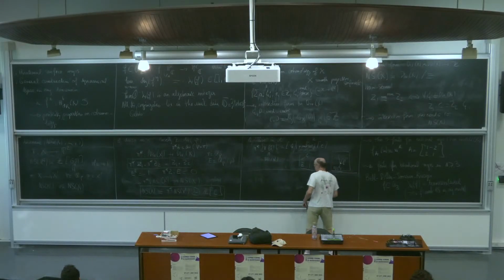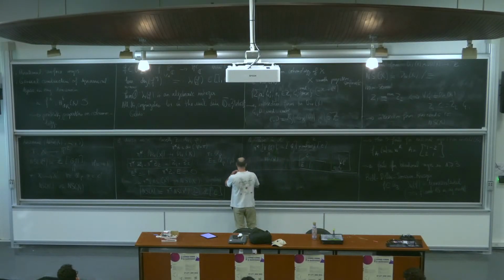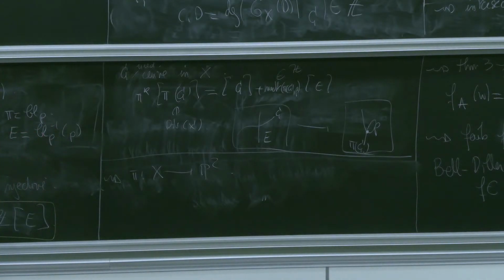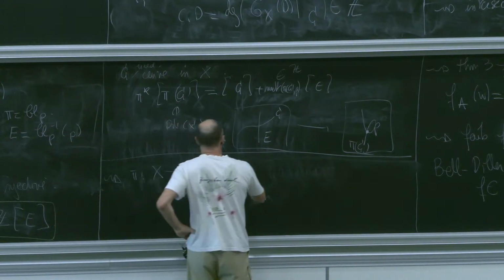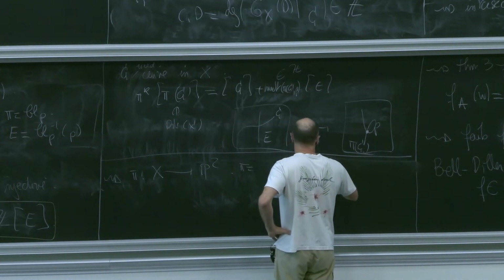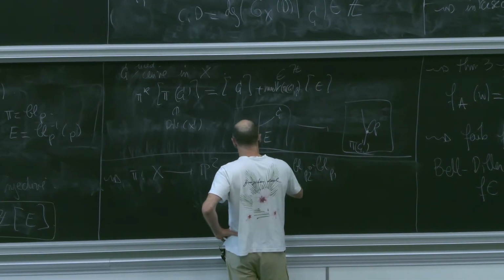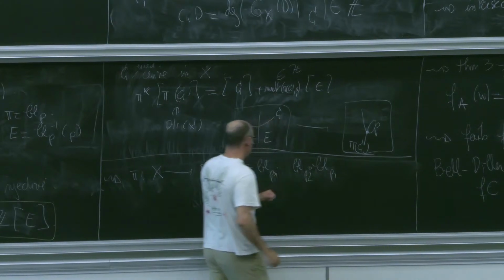So when you iterate this, remember that X was obtained by blowing up P2 at finitely many points. You blow up the point P1, then P2, and so on up to Pn.